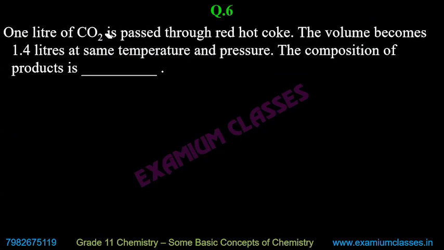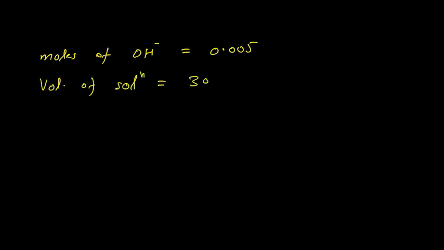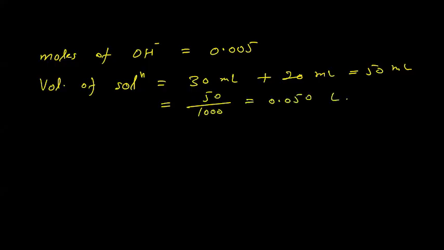So how will you calculate? First I am writing moles. Moles of OH ions, we have calculated 0.005. Volume of solution, 30 milliliters plus 20 milliliters, that is 50 milliliters, that is 50 divided by 1000, 0.050 liters.